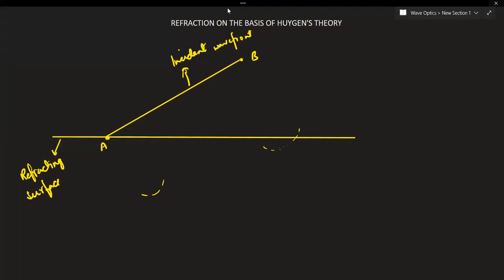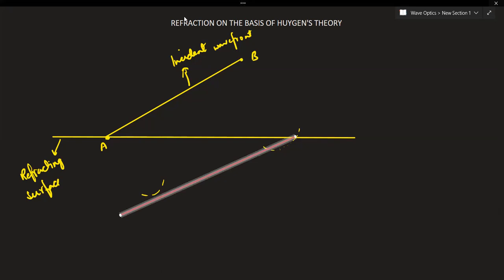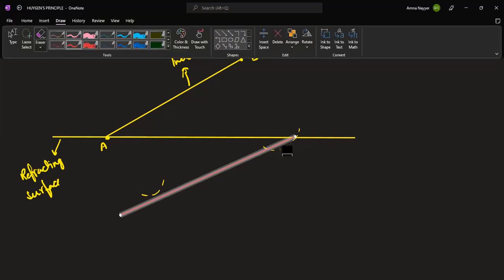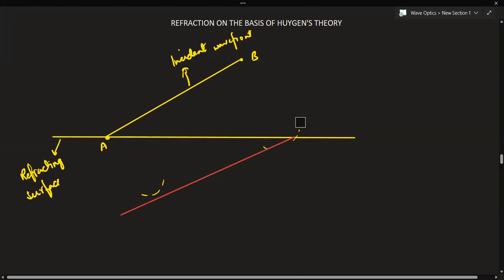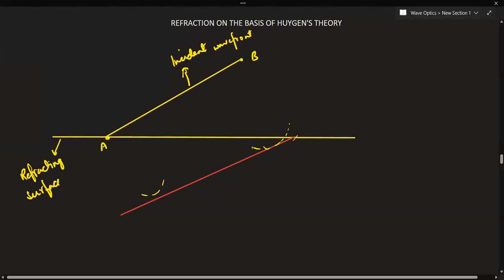Now let me connect them by drawing a tangent. For B it must be like this, and for A like this. What is this red line? The refracted wavefront. Exactly, this is a refracted wave. Previously, that was the reflected wavefront. Now we are getting the refracted wave.